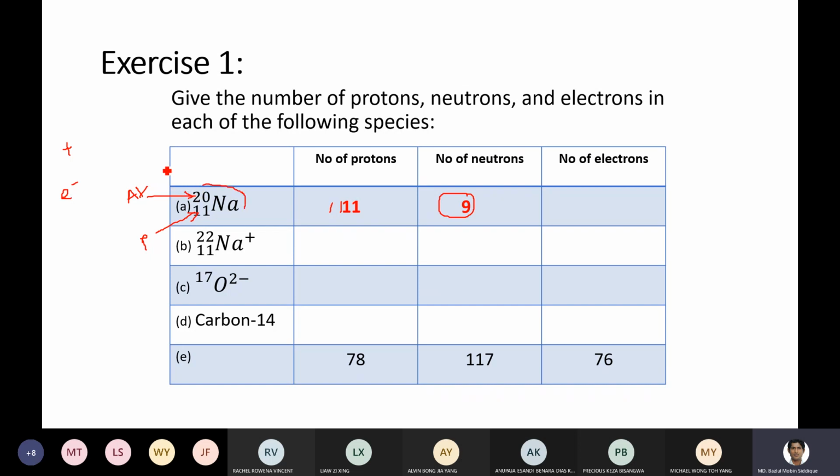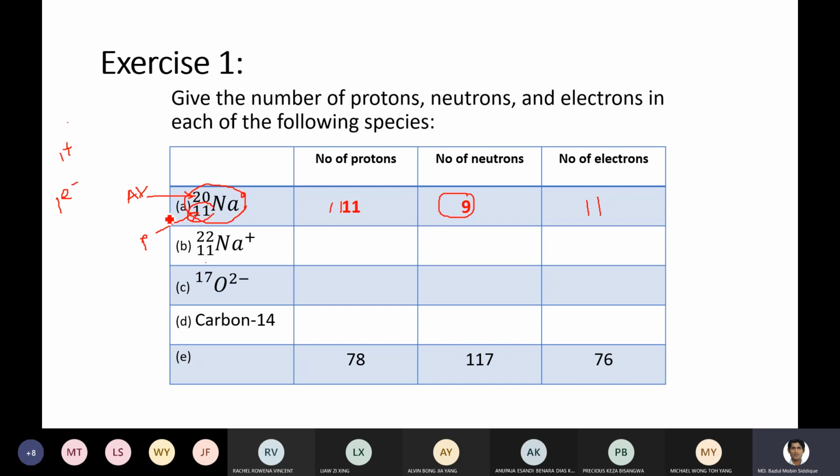Now, since there is no charge on top, there should be an equal amount of positive and negative charge. The balance is nice and steady. One proton carries one positive charge, one electron carries one negative charge. That means it has 11 protons, so it should have 11 electrons as well. That is how it is balanced. There will be no charge.